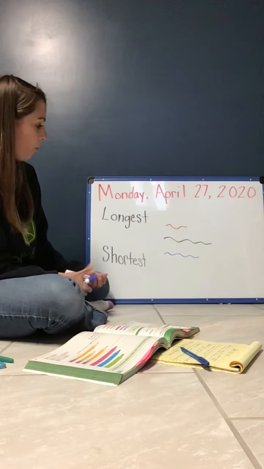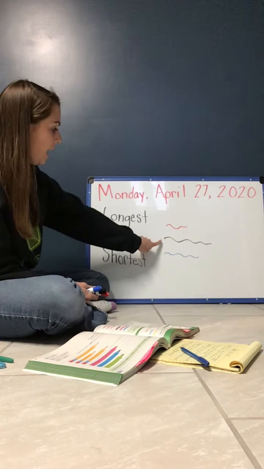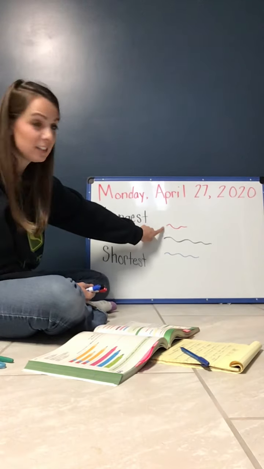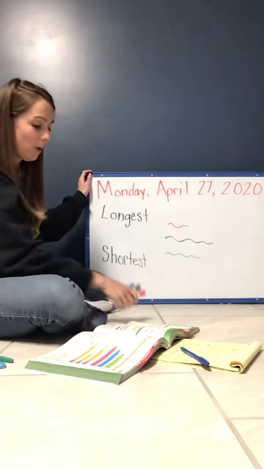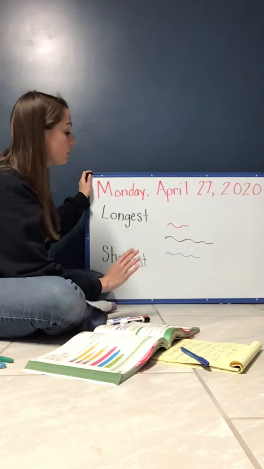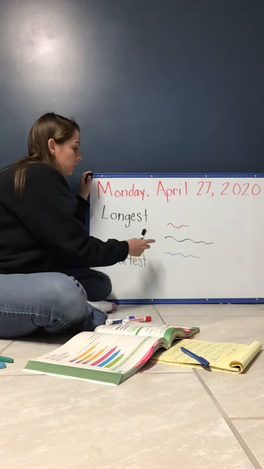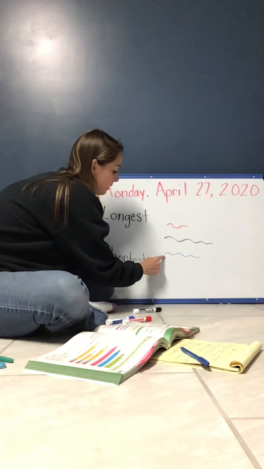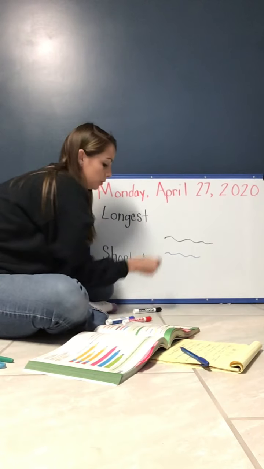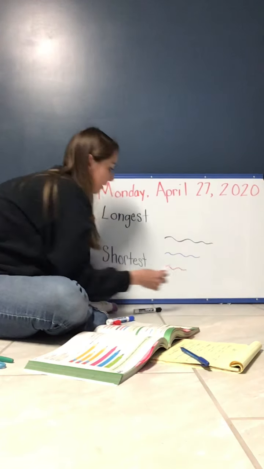Now, when I look up here, right away I can see that this red one is the shortest. So, when I order these from longest to shortest, whichever way works for your brain, you can say this one's the longest, and then this one, and then we'll move that shortest one down here.